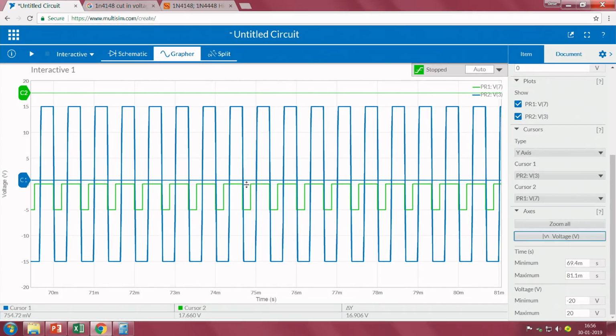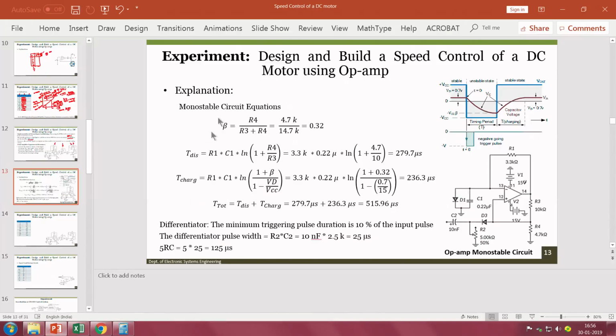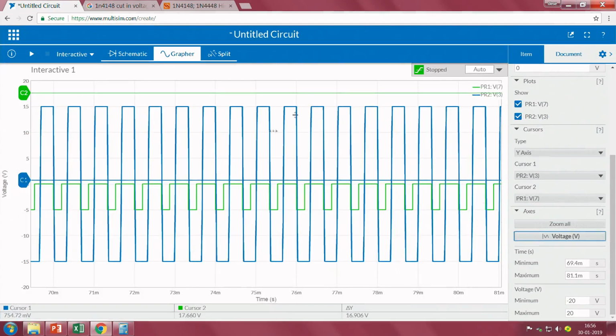So it will start discharging from 0.7 volt to minus beta VCC. The time it takes for the capacitor to go from 0.7 volt to minus beta VCC will be the designed RC value, RC into log 1 plus R2 by R1, in this case R3 by R4, which we have seen at this point, R4 by R3, right.